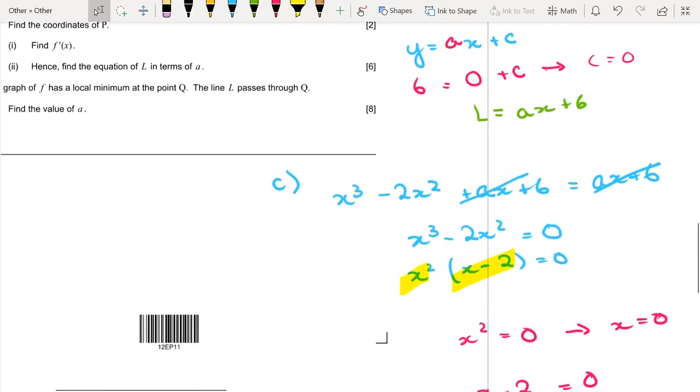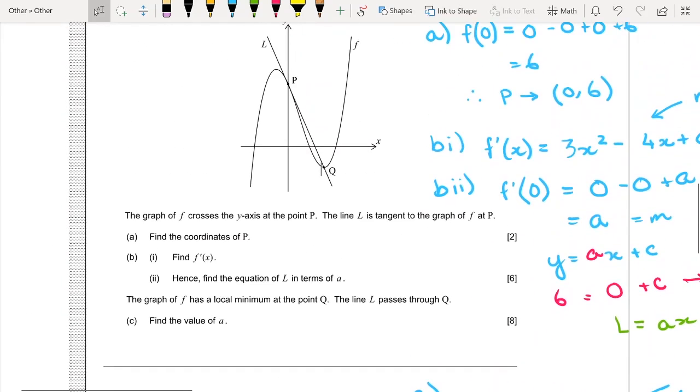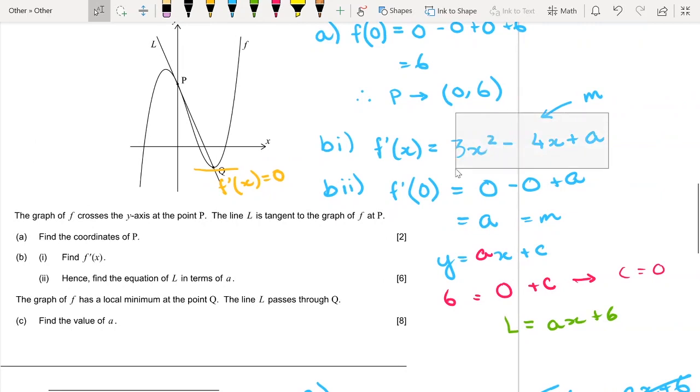That's the x-coordinate. Well, we're asked to find the value of a, but we're also told that the minimum is at point Q, and the minimum is simply a turning point. So we know here that f prime of x equals 0. Well, we've already found f prime of x, so let's just take that.